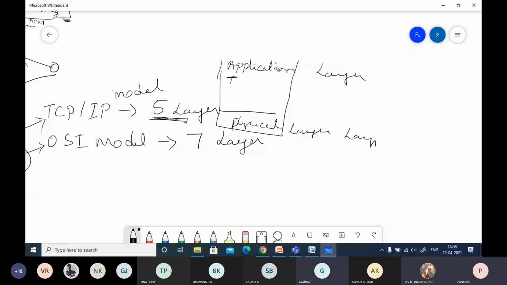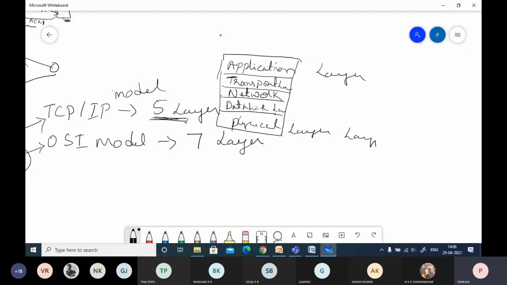Data link. Very good. Then Network layer. Then Transport. If somebody was telling presentation, the presentation layer is correct, but that is not in the TCP/IP model.